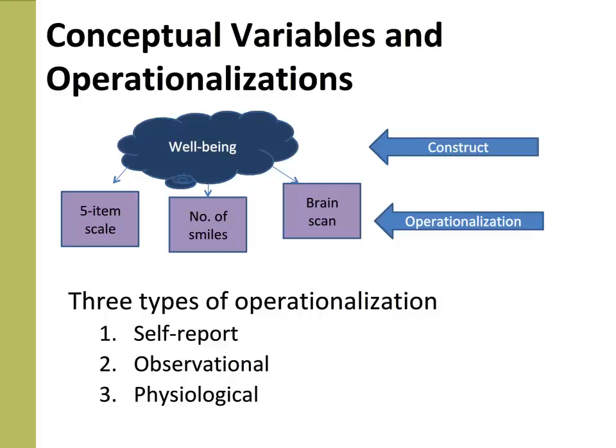So before we are able to come up with an operational definition, we often have to refer to our conceptual definition. So let's say we have a conceptual definition for happiness. And our conceptual definition, like it shows in this slide here in the cloud, is subjective well-being. So it's just an abstract way of thinking about happiness. So when we're coming up with our operationalization of that construct, we have to think about that conceptual definition.